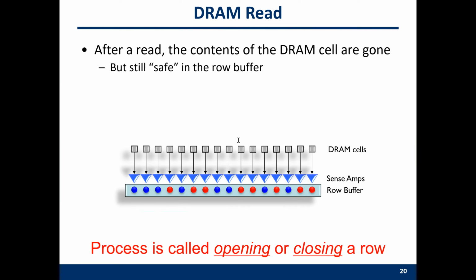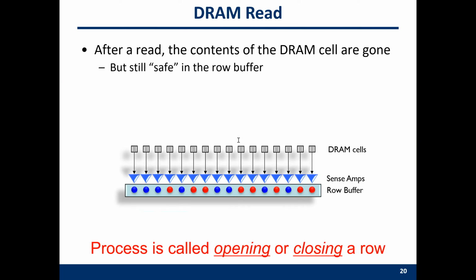The open page policy is friendly to applications that have very strong spatial locality. If you sequentially access a portion of the memory, you should adopt the open page policy. But if your next request asks for another row, then you have to restore the value to the memory first, and then open another row.